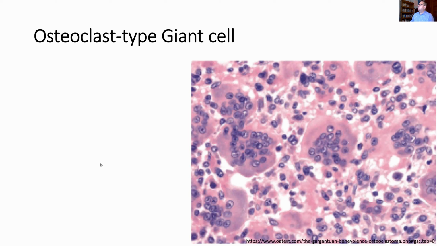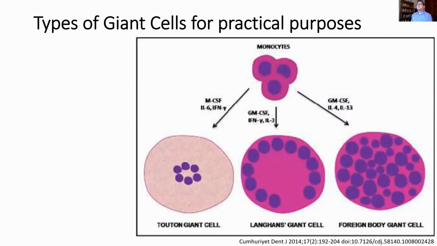So one of the concepts here is you can see these different types of giant cells in different processes, and they may be clues to a certain pattern, a certain diagnosis, but you can't be too concrete about it.